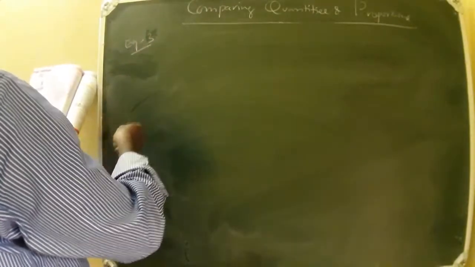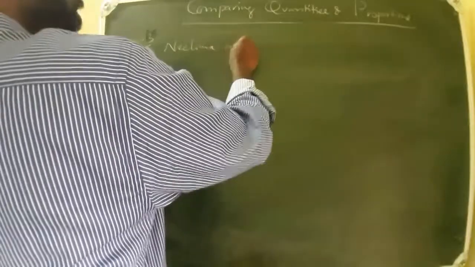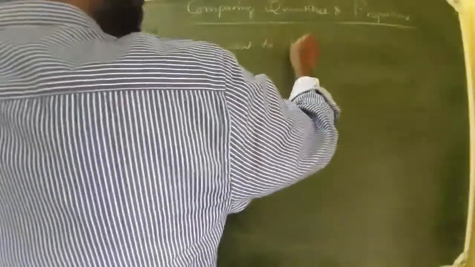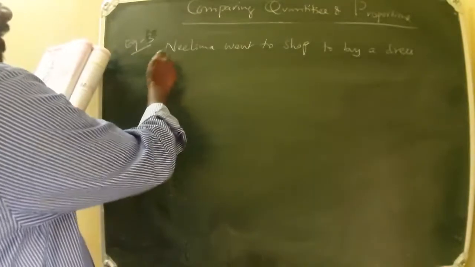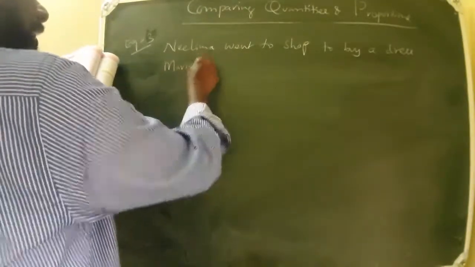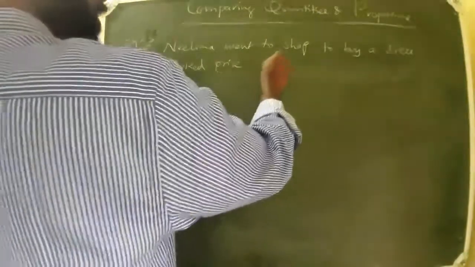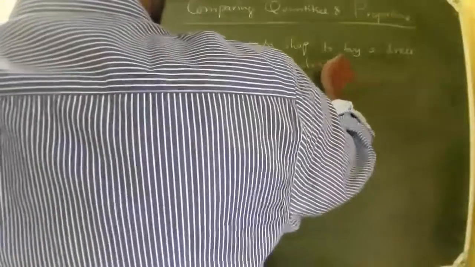Example 3. Neelima went to a shop to buy a dress. The market price of the dress is rupees 1,000.